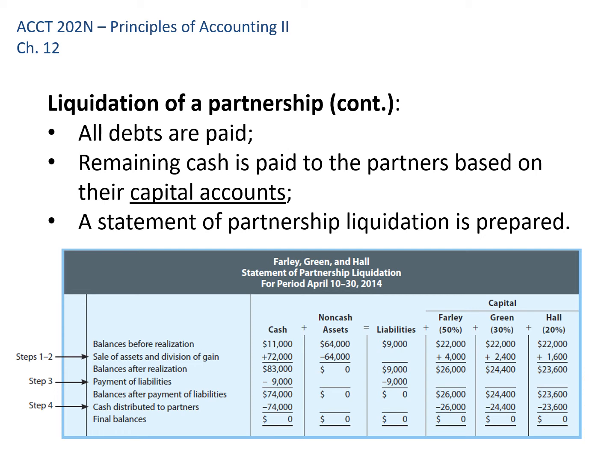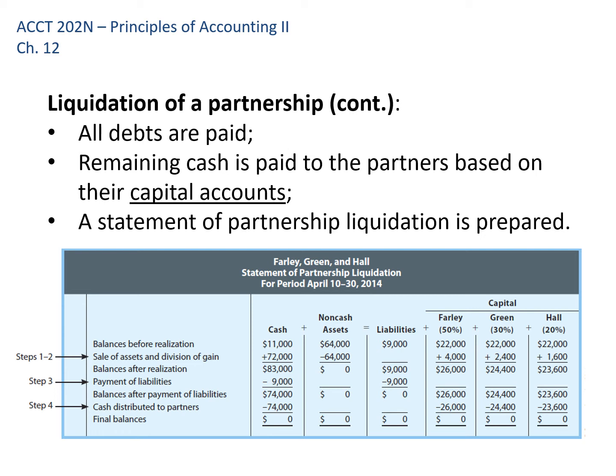We wipe out the non-cash assets, and then we distribute that gain that occurred by allocating that according to the 50%, 30%, 20% of those 3 partners. So now we have a cash balance of 83,000. We have liabilities of 9,000, and then we have the 3 partners' capital accounts.